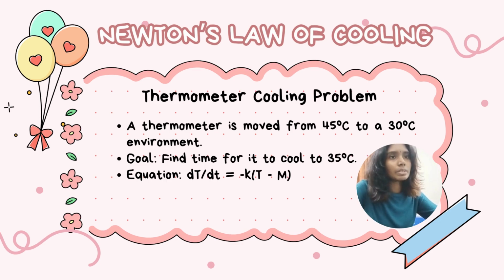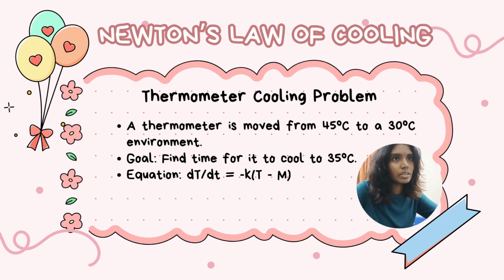Then negative kt equals ln(1/3), which equals negative ln 3, so t equals ln 3 divided by k. The time needed is t equals ln 3 by k, where k is the cooling constant.